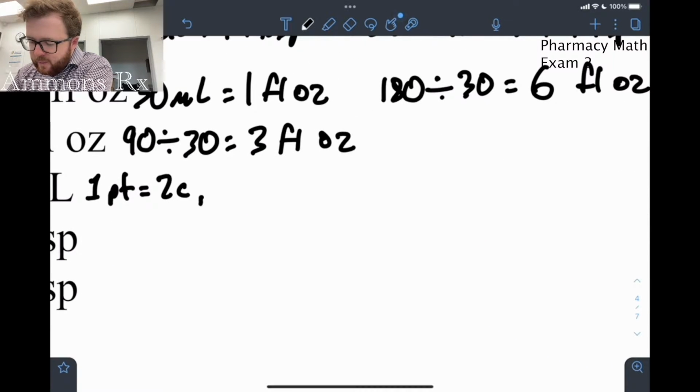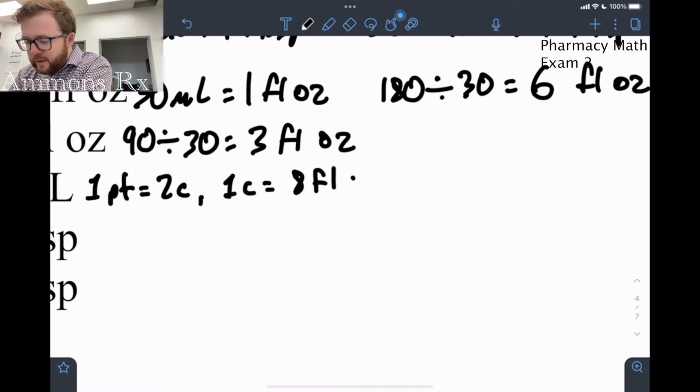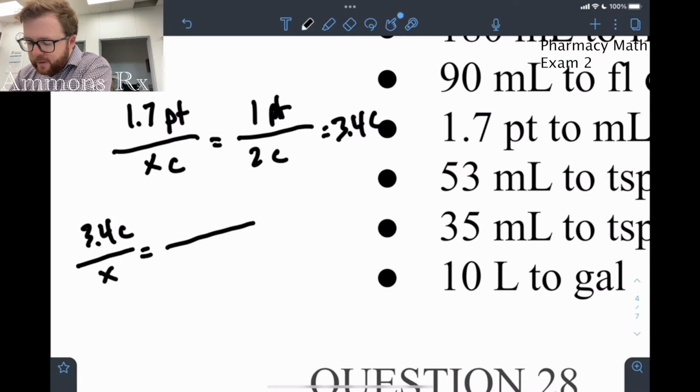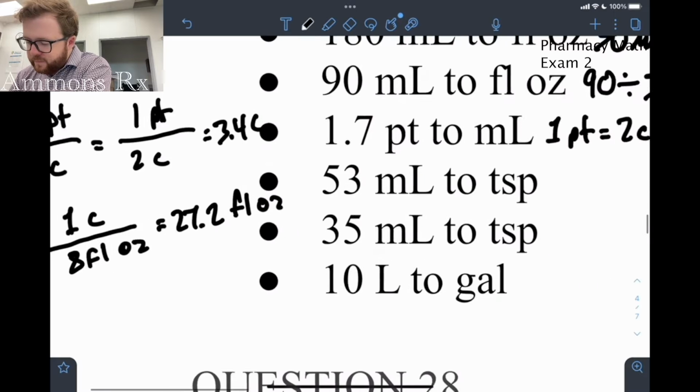Okay. What is my relationship between cups and ounces? 1 cup is equal to 8 fluid ounces. So I have my 3.4 cups, 3.4 times 8 divided by 1 is 27.2 ounces.